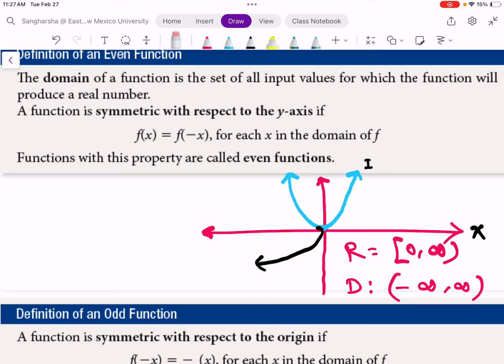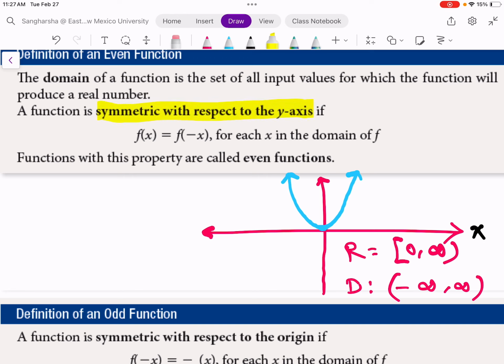So let's focus on this graph. Here our y-axis divides this graph into exactly two parts. It means this is a function, right? And this function is symmetric with respect to the y-axis.